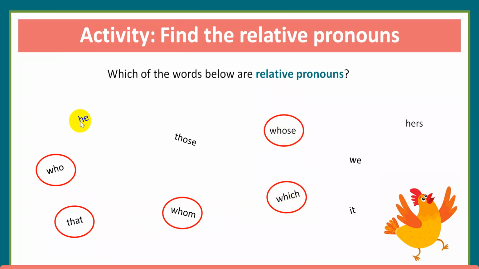The word "he" is a subject pronoun. "Those" is a demonstrative pronoun. "Hers" is a possessive pronoun. "We" and "it" are subject pronouns. So the only relative pronouns here are whose, which, whom, that, and who.